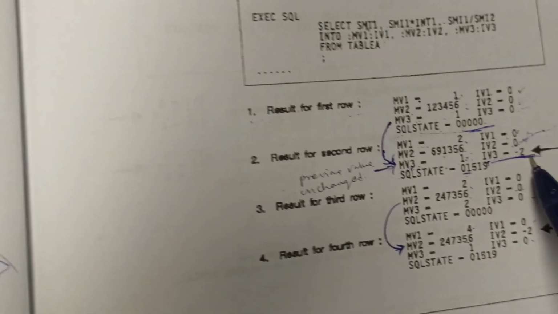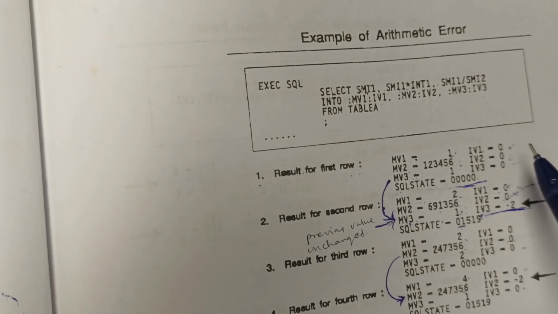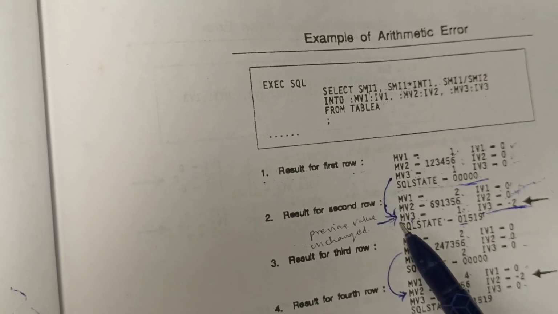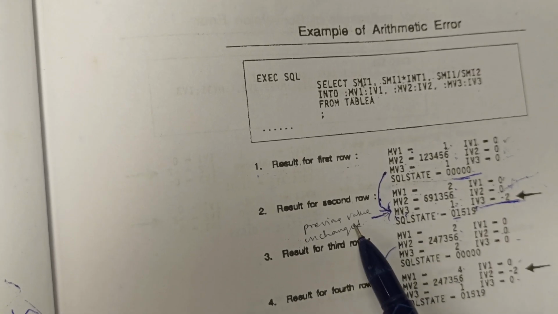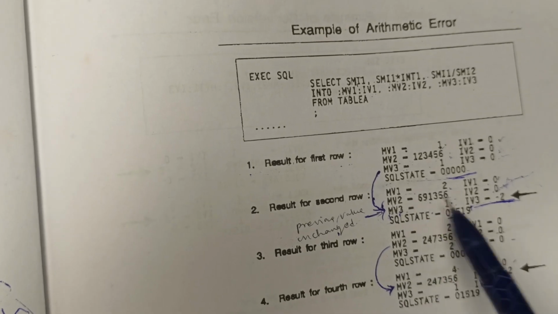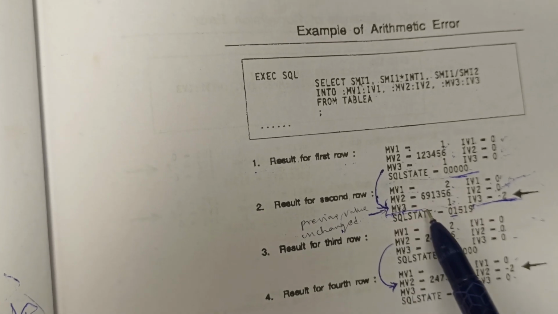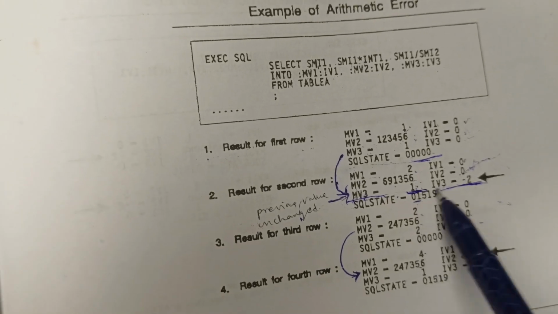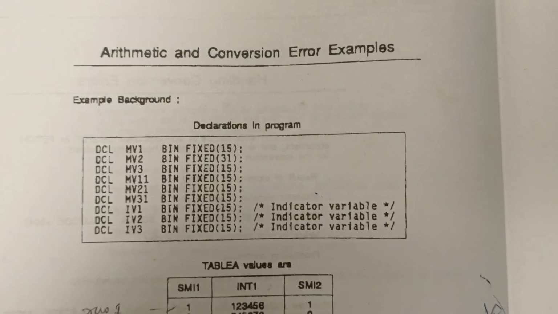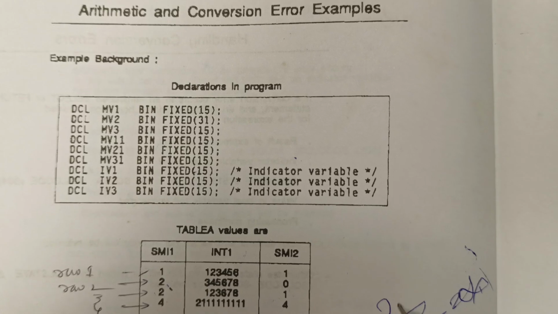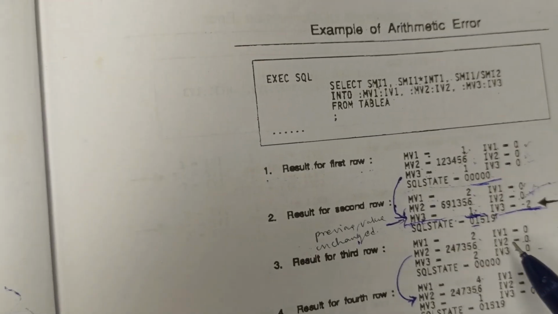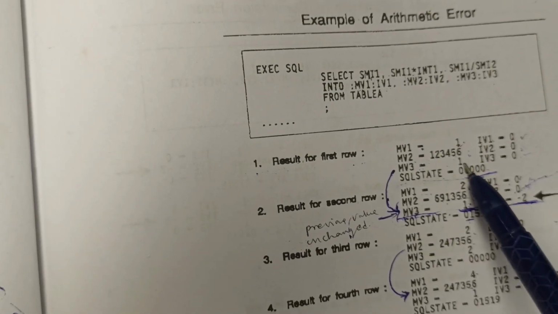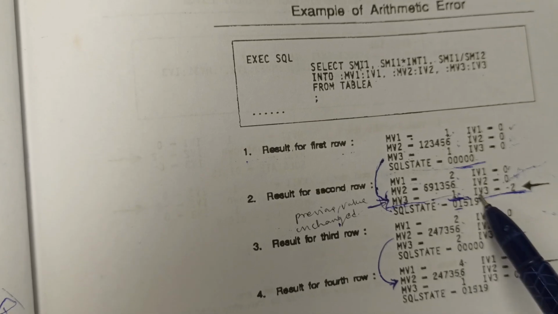Why is it storing -2? Because you are getting an arithmetic conversion error, even though MB3 keeps the previous value unchanged. If you execute the same record for the first time, you will definitely get some error. But here the previous value of MB3 is stored as the same value.